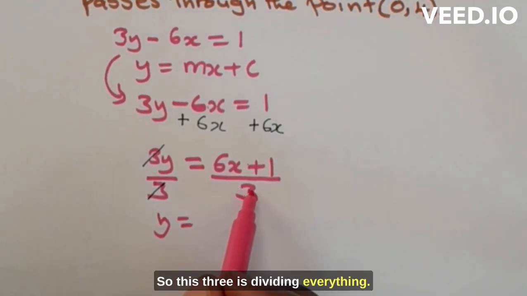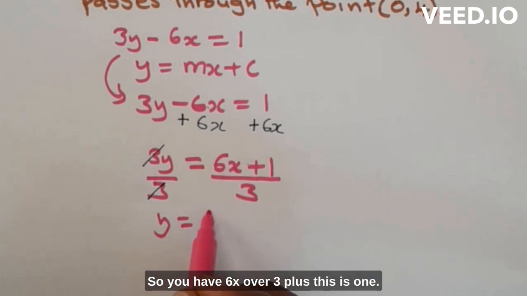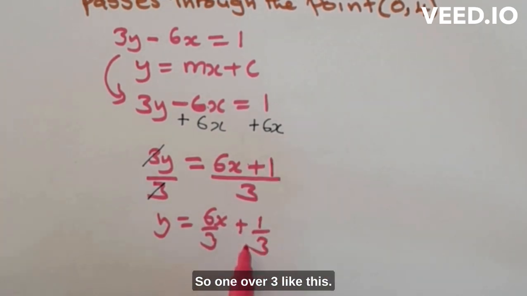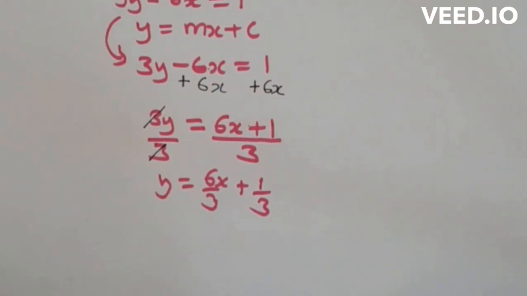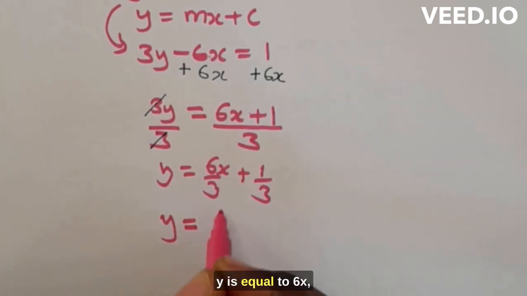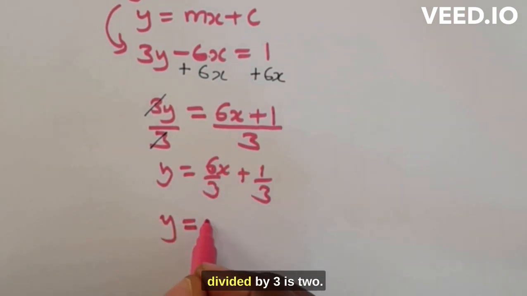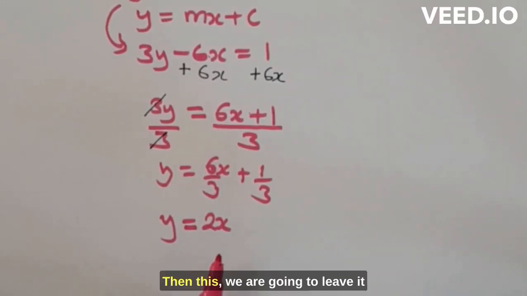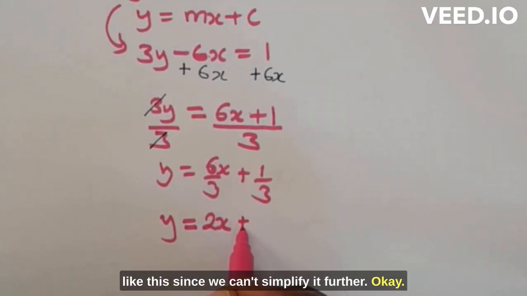This 3 is dividing everything, so you have 6x over 3 plus 1 over 3. Let's simplify: y is equal to 6x divided by 3, which is 2x, plus 1 over 3, which we leave like this since we can't simplify it further.